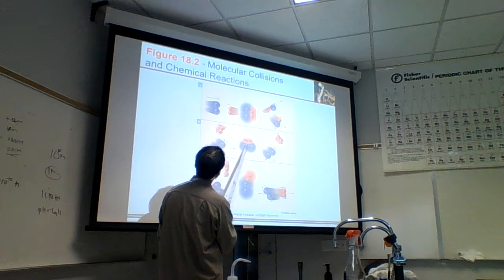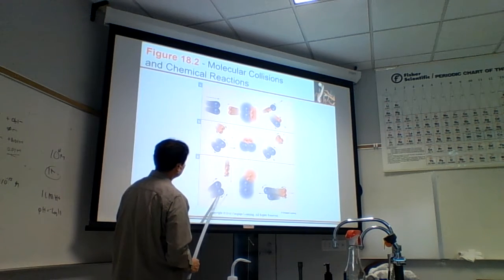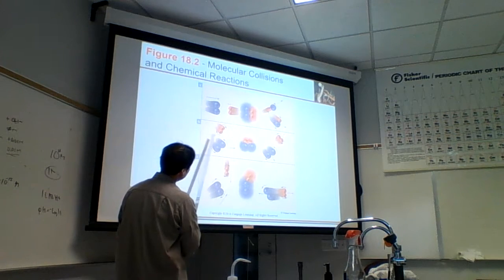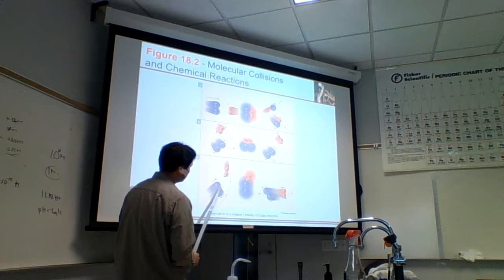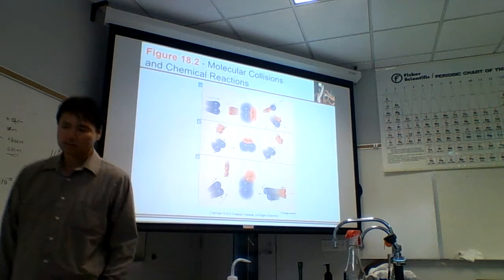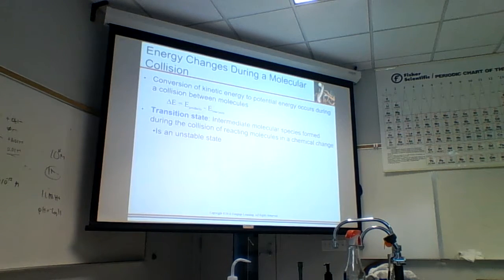Therefore, this is an unsuccessful collision. The same thing here: this one actually looks lower in energy. Orientation and energetics have to be right in order for it to react. It's collision. Let's follow the progress of a collision.